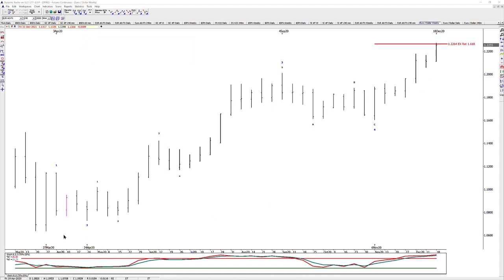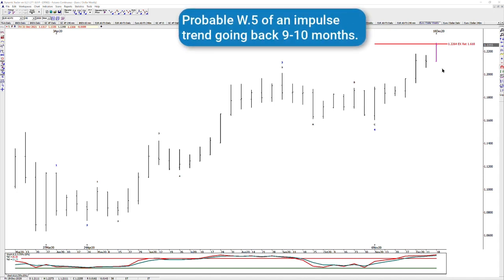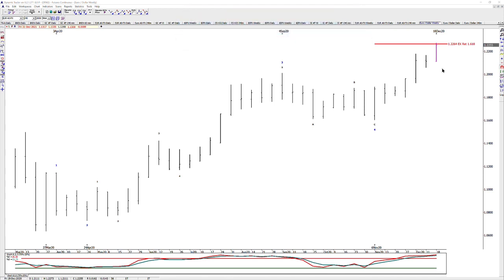This is a potential 1, 2, 3, 4, 5. So potentially the euro dollar is in a 5th wave of an impulse trend going back about 9 or 10 months. So it's going back a long time ago. We're looking for potentially a major reversal, the end of a 5-wave advance from several months ago.